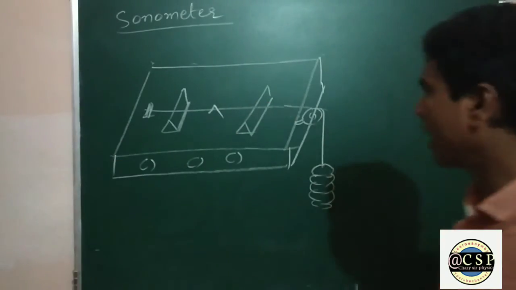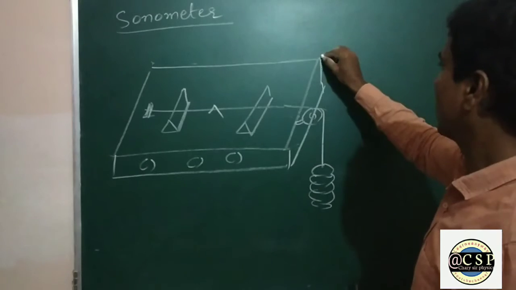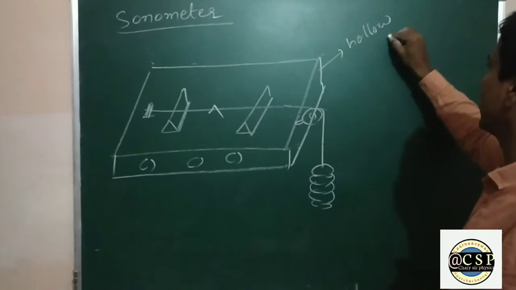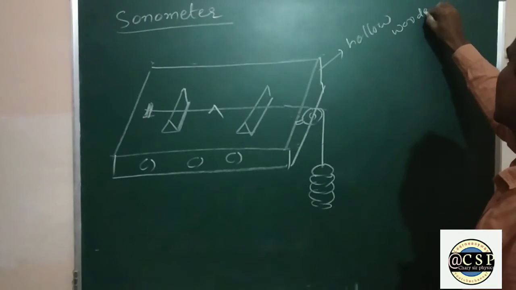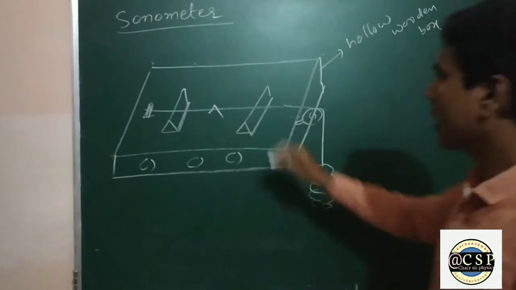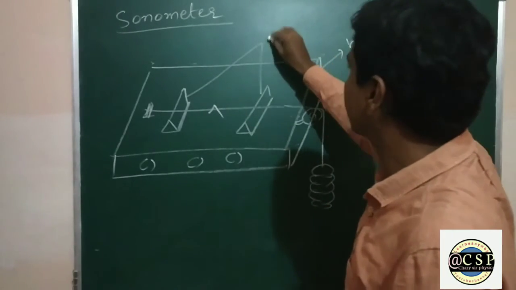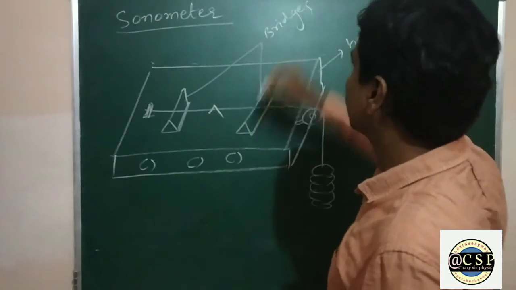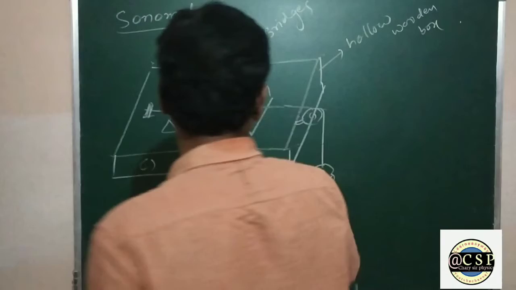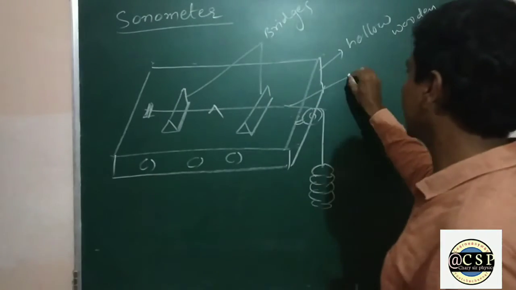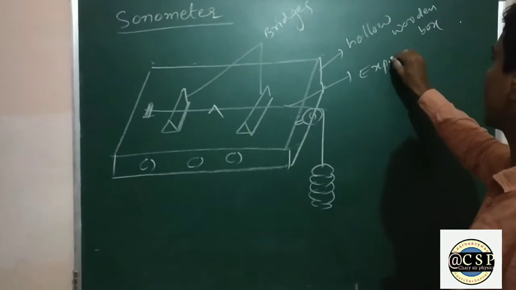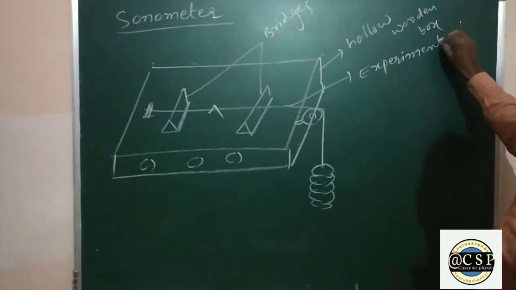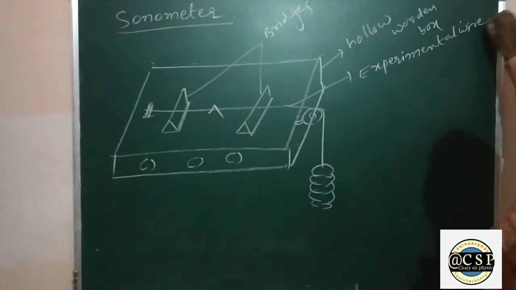It is a hollow wooden box. Now these are two bridges, sharp bridges, and this is the experimental wire.